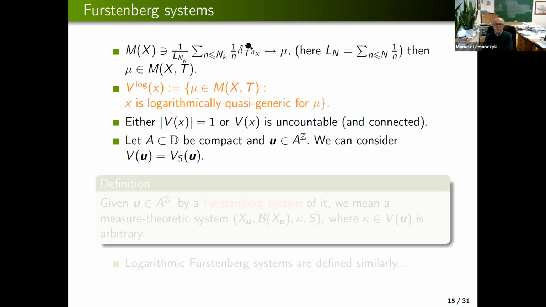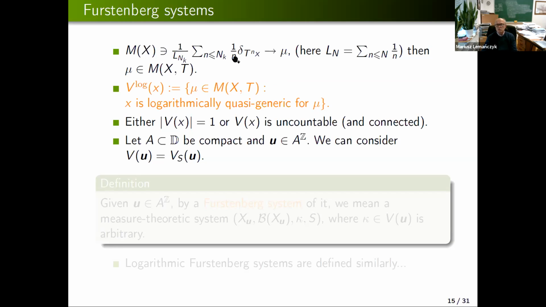So if you remember, the empiric measures were defined in the following way: you took a part of the orbit, and on this part of the orbit, each point had the same mass. But now I'm going to change this concept. I take this piece of the orbit, I take the empiric measure, but I give a weight to points.